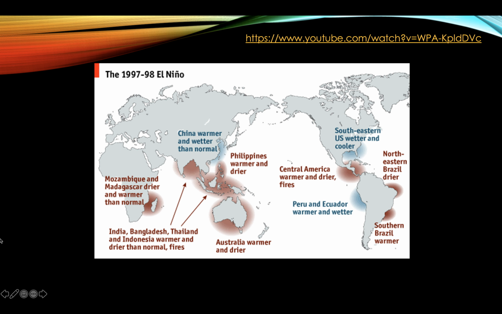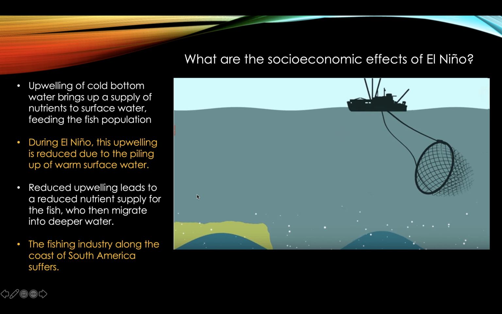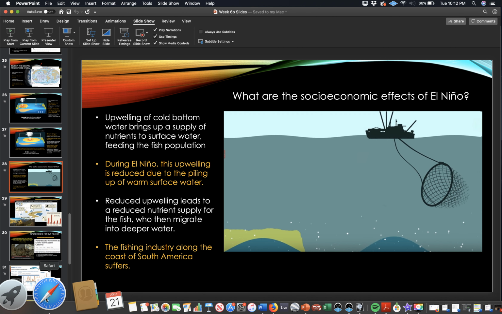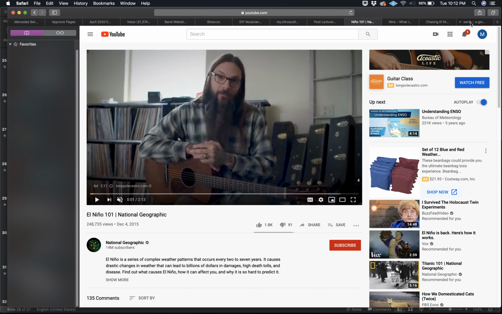If we change something in the Middle Pacific, that slight change will affect all these different regions. So let's watch this video here that recaps some of the physics involved with El Nino.